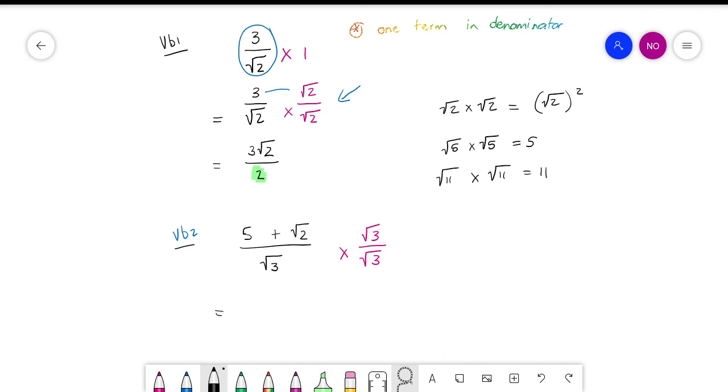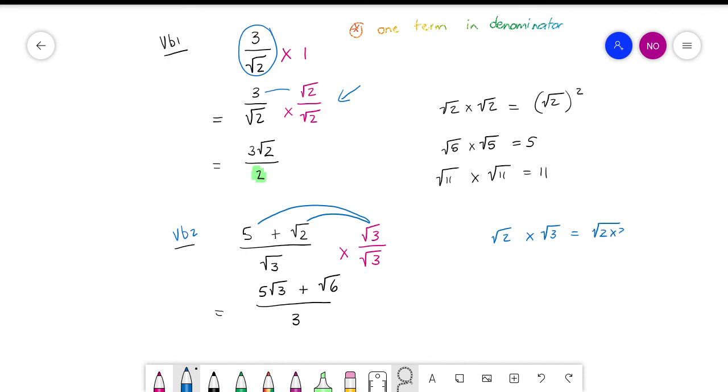Okay, in other words, at the top I'm going to have 5 root 3 plus root 6 over 3. I'll unpack that for you now. That times that is equal to 5 root 3. And this times this, remember we said if we have this, then you can write it as that.